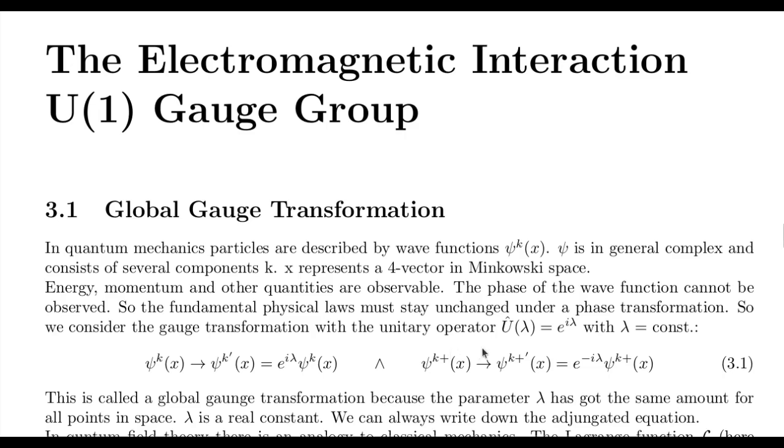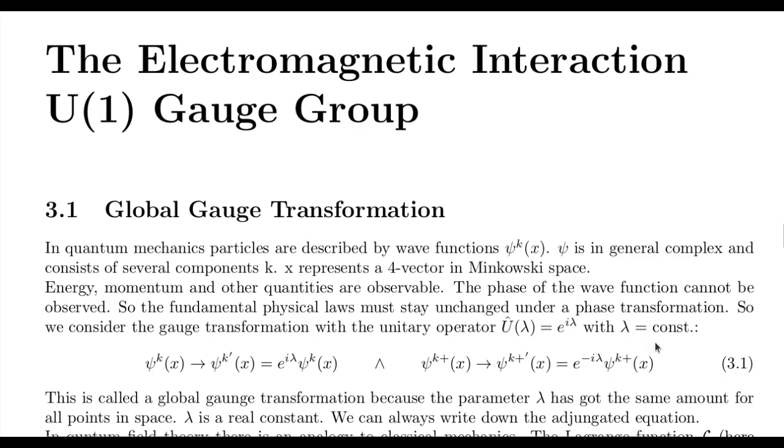And so we have here lambda, a real number, and it is represented by a complex e function. The absolute value of such an e function is 1, so that is why it is called a unitary operator. It must be unitary, because else we would get problems with the conservation laws.